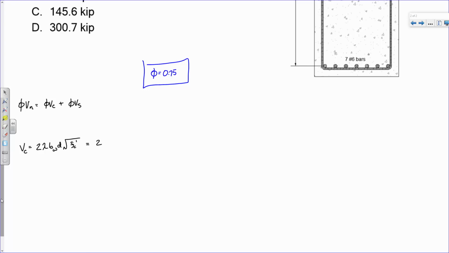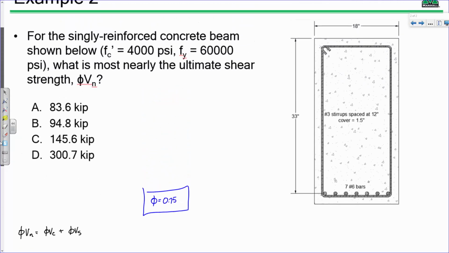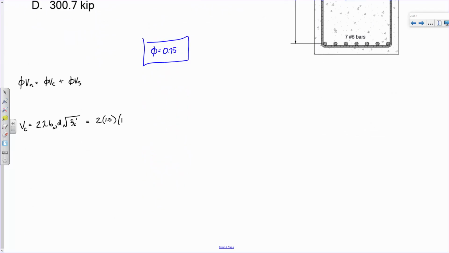What was lambda? Anybody remember what lambda was? Factor for concrete material. It's the lightweight aggregate factor, right? Whenever you're dealing with lightweight concrete, you have a lambda value that's less than 1, right? So for normal weight concrete, this is 1. All right, B and D are 18 and 33 inches.